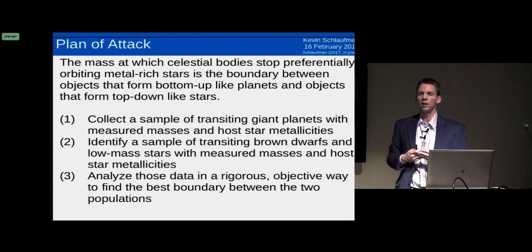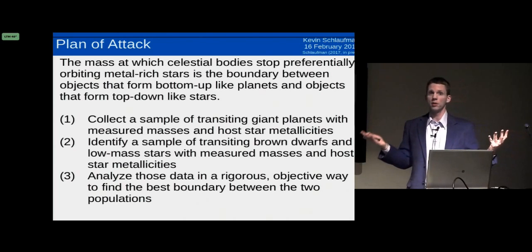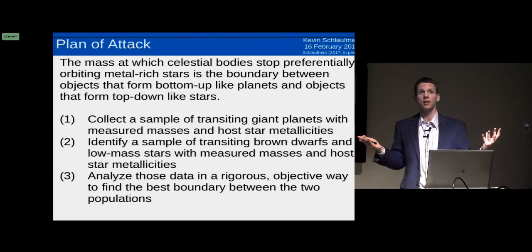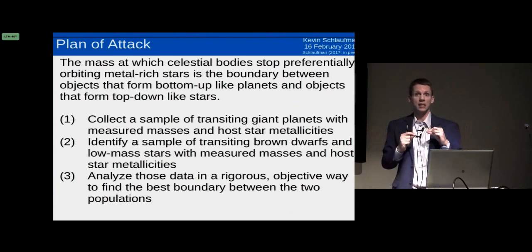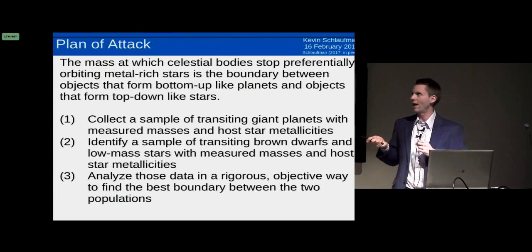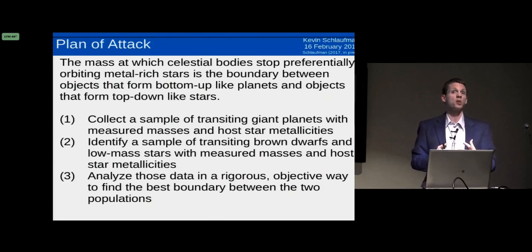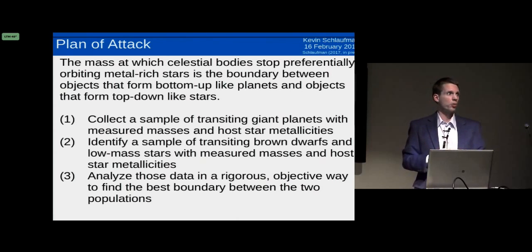And it turns out that if you compare one person's estimated metallicity with another person's estimated metallicity, there's usually significant systematic uncertainties. And so it's important to use a homogeneous catalog of stellar metallicities. And in fact, that's not hard. There's been so much interest that's been generated by these exoplanet discoveries that you're spoiled for choice in terms of deciding which catalog of exoplanet properties you want to use.